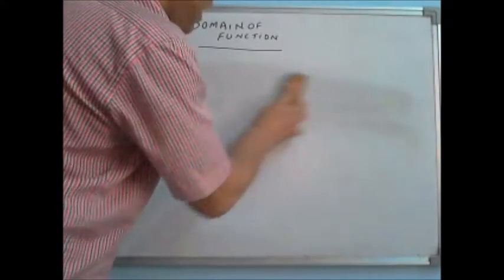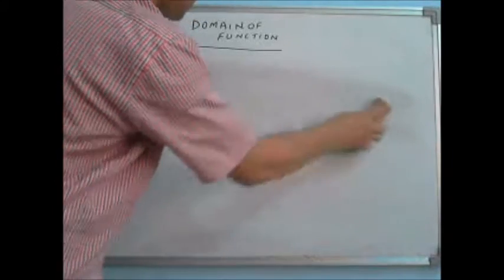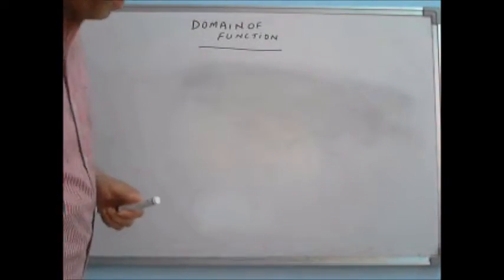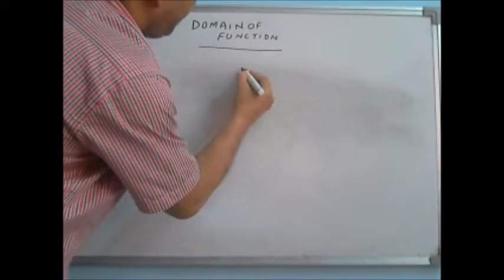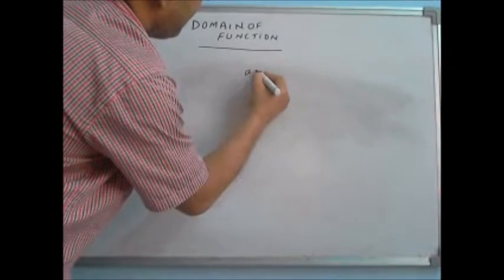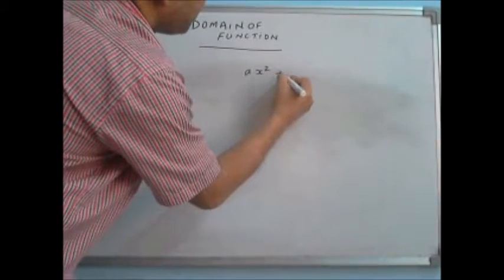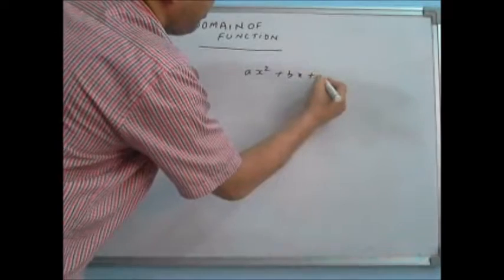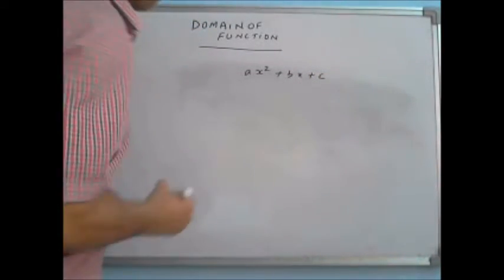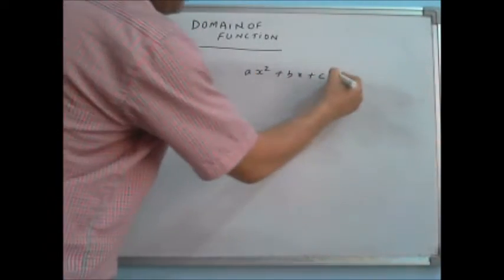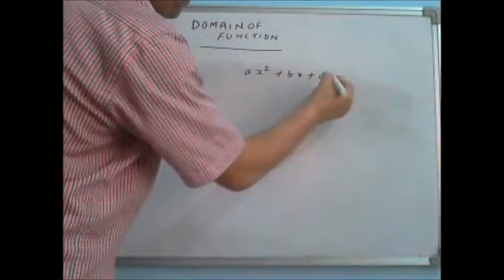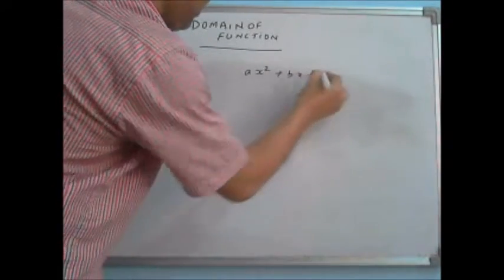Certain rules you have to keep in mind while solving inequations. Suppose a quadratic inequation is there, ax square plus bx plus c, which may be greater than or less than or equal to something.